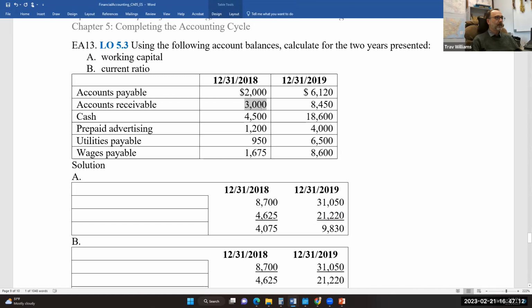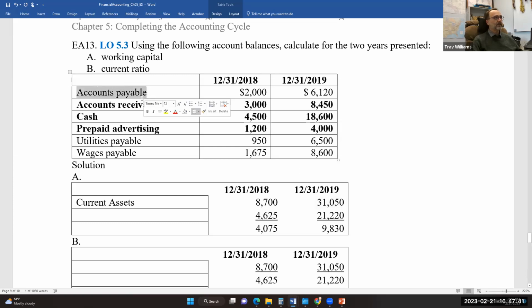Well, if we add up, there are three types of current assets here: accounts receivable, cash, and prepaid advertising. That's where this 8,700 is coming from. So we know that is current assets. And if we add up 2019, we'd get this 31,050. So those are the current assets for 2019.